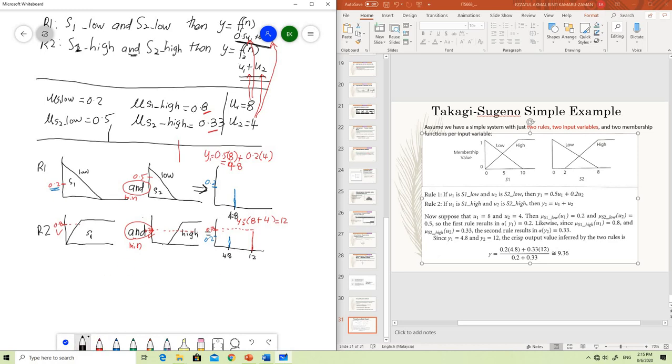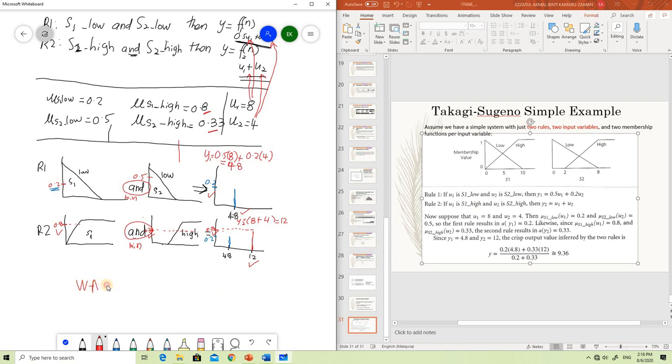How are we going to calculate the WA? WA is based on the output, the output graph here. So we know that this is 0.2, the membership is 0.2 and the spike is at 4.8, plus 0.33 times 12.